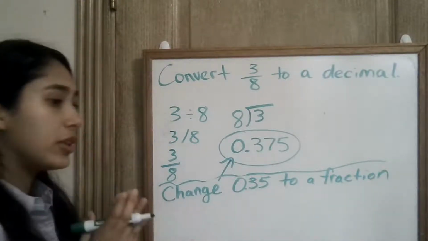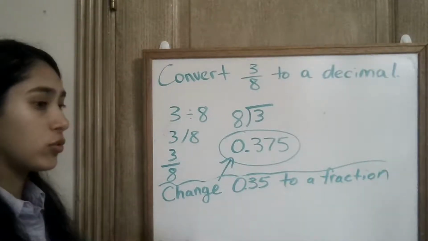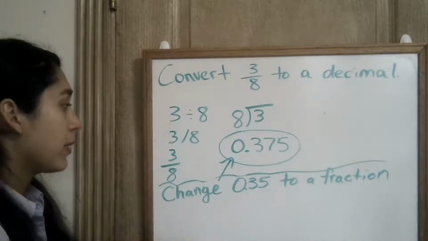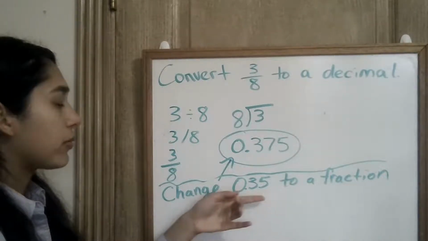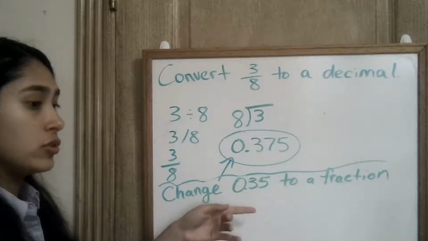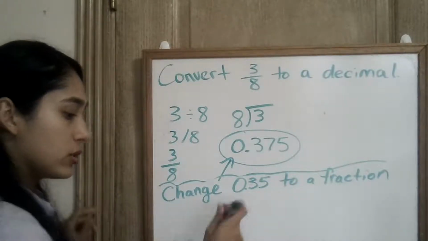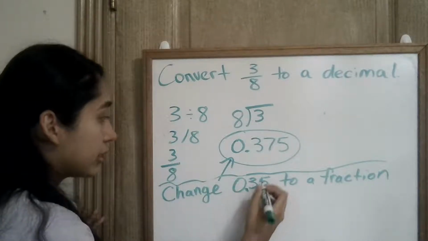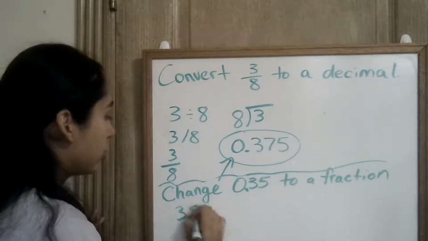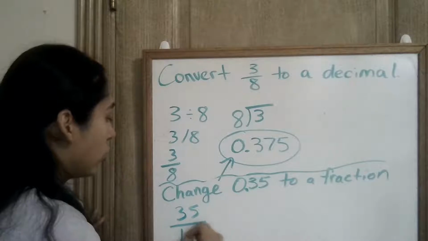And the awesome thing about decimals, which is the same rule that applies to American money, is that it's all divided by 100. It follows nice rules of hundredths. So I can rewrite this essentially as 35 over 100.